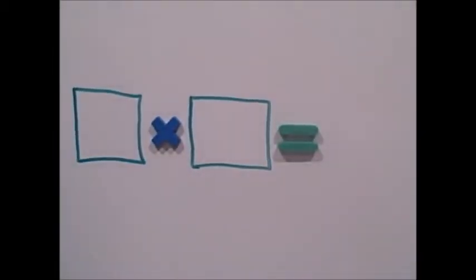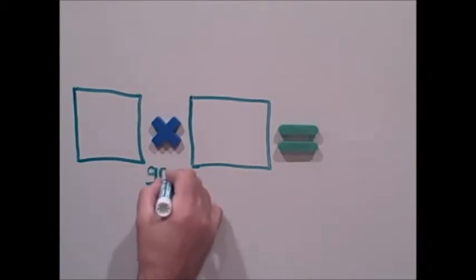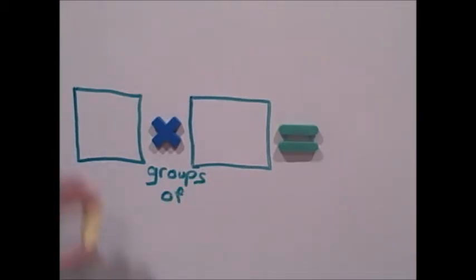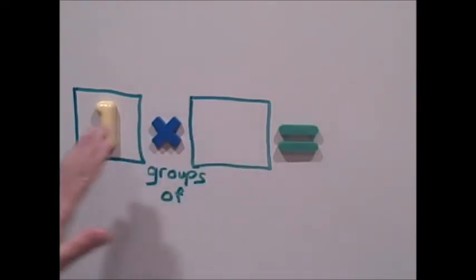In multiplication, many people think of the multiplication sign as standing for the phrase groups of. So when I do the identity property of multiplication, that means that I am going to multiply any given factor by 1.